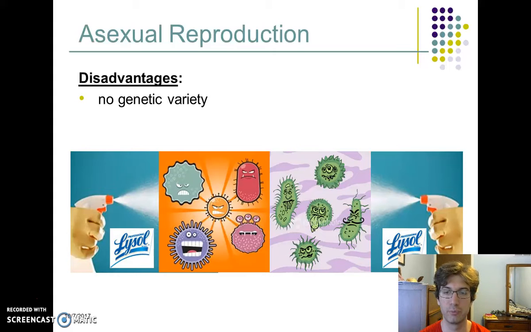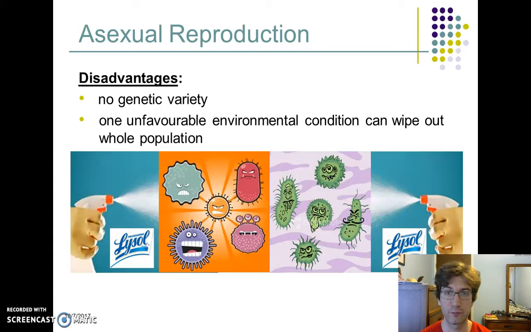I mean, it kills 99.9%, but that's not all. So the few that are still alive will reproduce with no genetic variety and still be resistant to it. If everybody is susceptible, then they're all going to die right away. So unfavorable conditions in the environment can wipe out the whole population if they're all exactly the same.